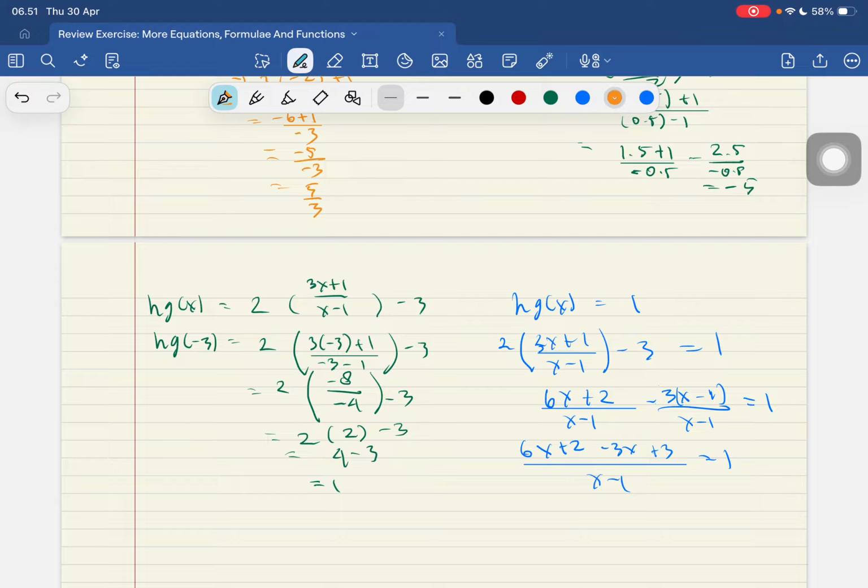Okay, we multiply by x minus 1 on both sides. So here 6x minus 3x, we got 3x plus 5 equals x minus 1. We subtract x on both sides, we got 2x, and then subtract 5 on both sides, 2x equals minus 6. So x equals negative 3.